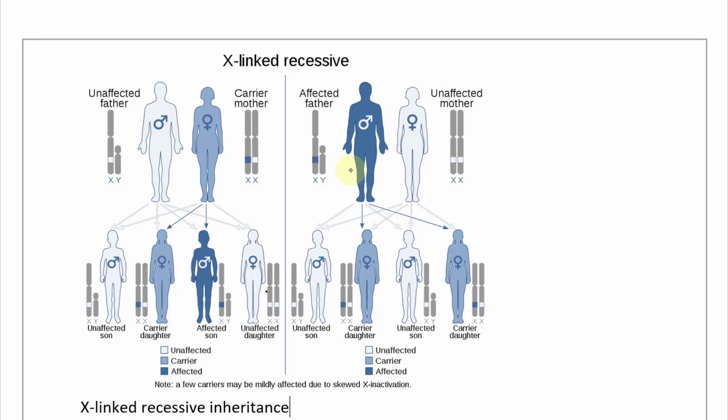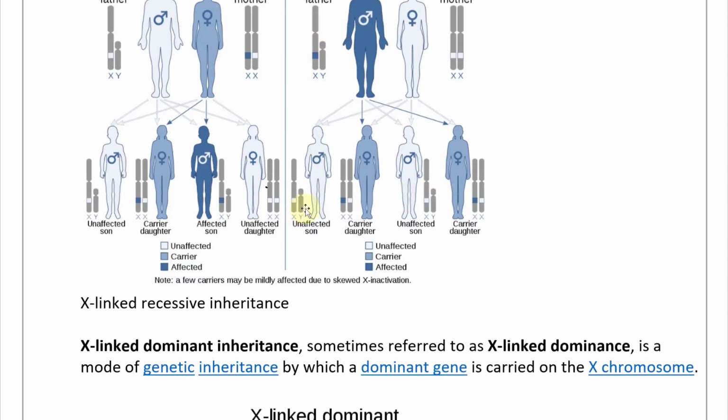And the last one is this X right here and this other X, which goes over to here, and this is going to be a carrier daughter. So none of these are affected, or affected largely, unless by skewed inactivation. Basically there are just going to be carriers, because the male can't pass the X to the male. That's only from the females, because they all swap over. So it's going to be unaffected sons but carrier daughters.